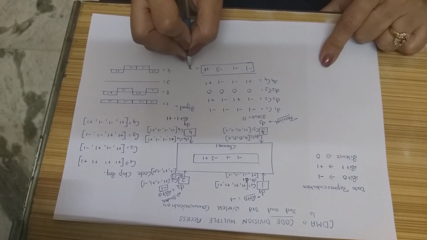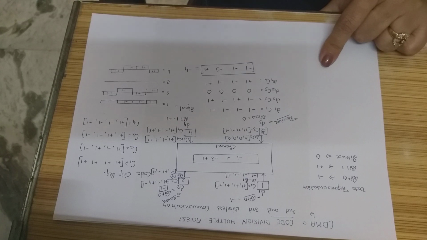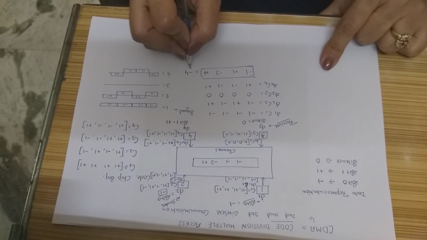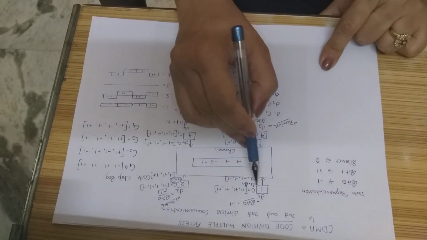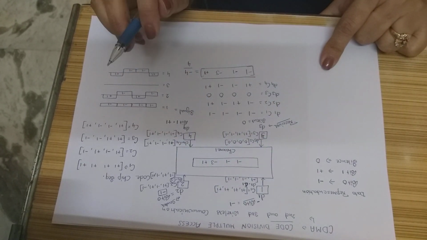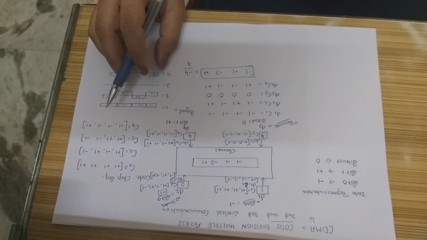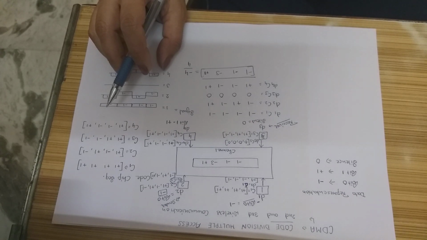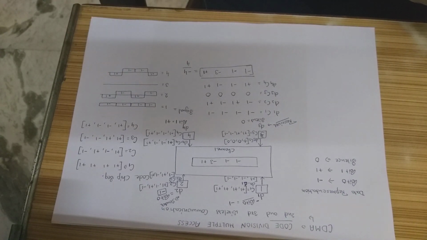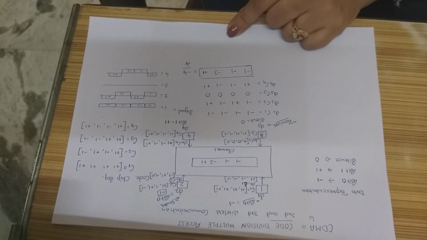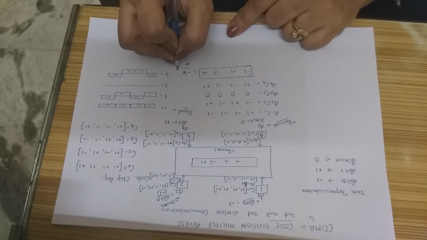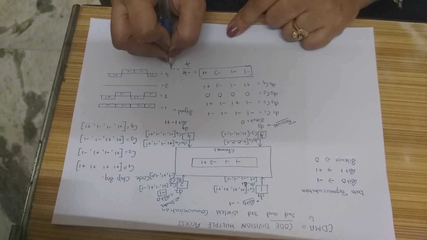and after the addition we receive the value minus 4. This minus 4 is going to be divided by 4. Now from where do we get this 4? Here we have 4 channels, so we simply divide by 4 and we get the value minus 1.